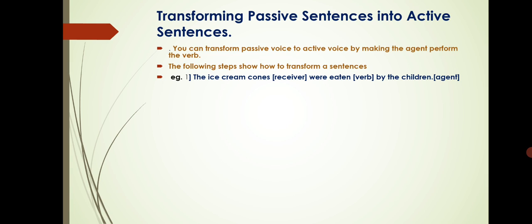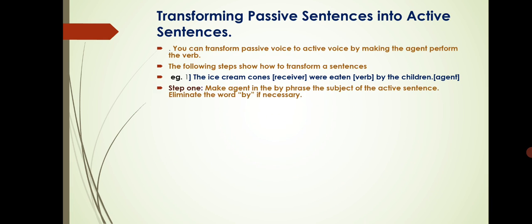In this sentence, the receiver is the ice cream cones, were eaten is a verb, and by the children is an agent. Step 1. Make the agent in the phrase the subject of the active voice. Means the agent part of the sentence will be the subject in the active sentence, and you can eliminate the word by if necessary.